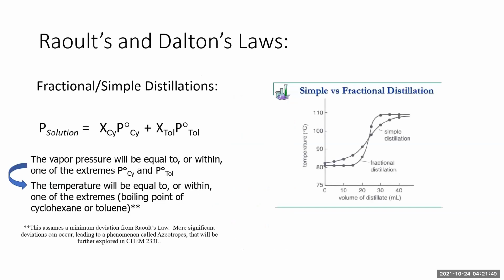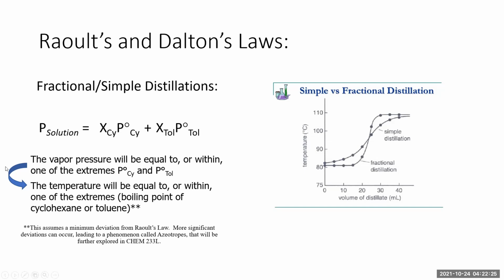So now that we know of that reciprocal relationship between vapor pressure and boiling point, we can go back to these equations that we were looking at. Remember, for the mixture of cyclohexane and toluene, which we'll be trying to distill using fractional and simple distillations, we saw that the total vapor pressure of the solution would be equal to or within the extremes of the pure vapor pressure of just plain cyclohexane or toluene separately.